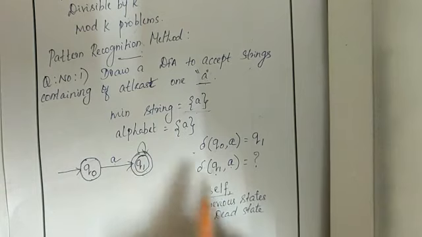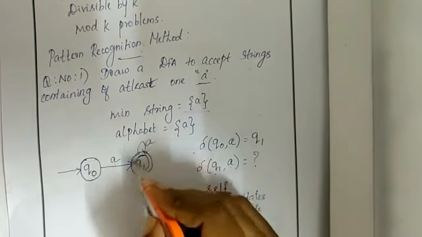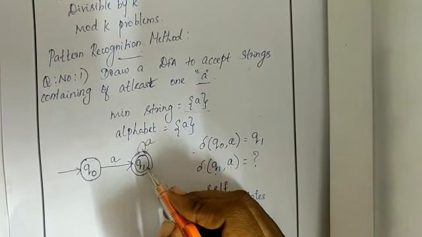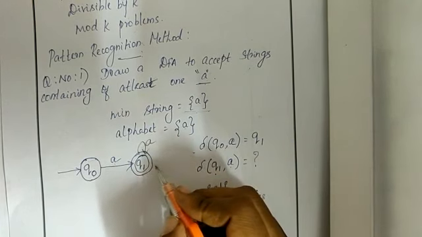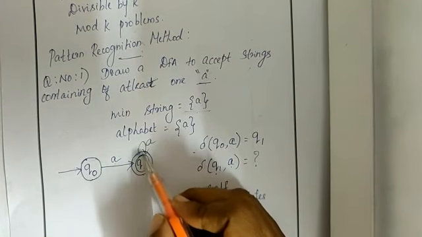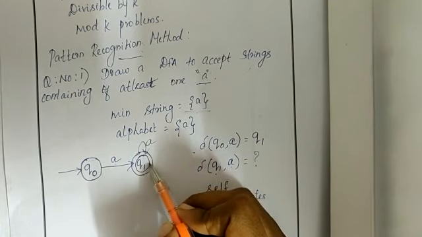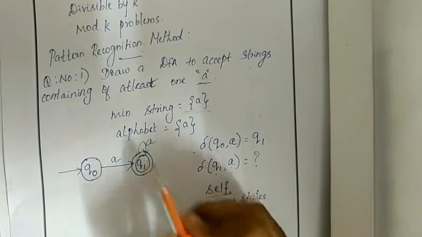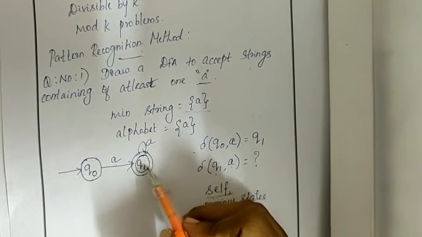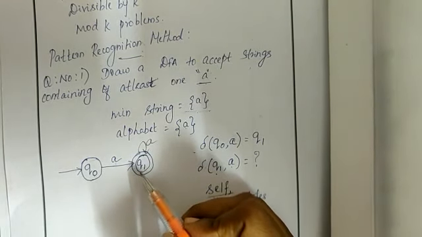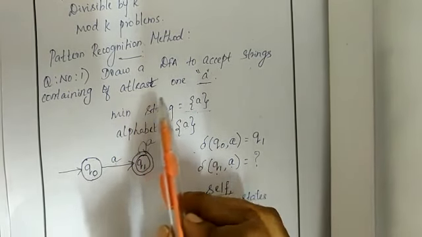The Q1 state is taking A input and staying in Q1. Now I have to check whether this marking is right or wrong. What is my question?